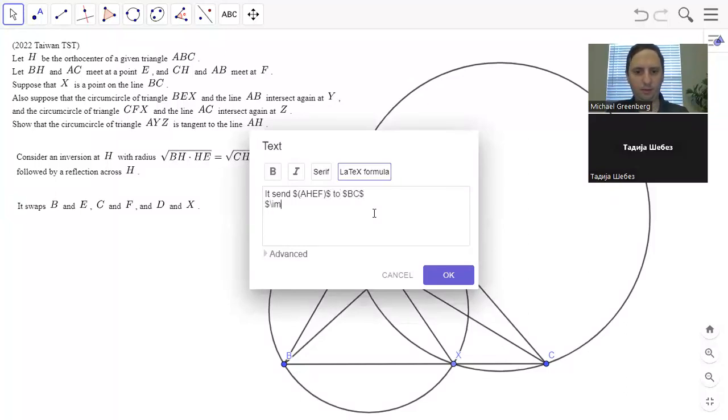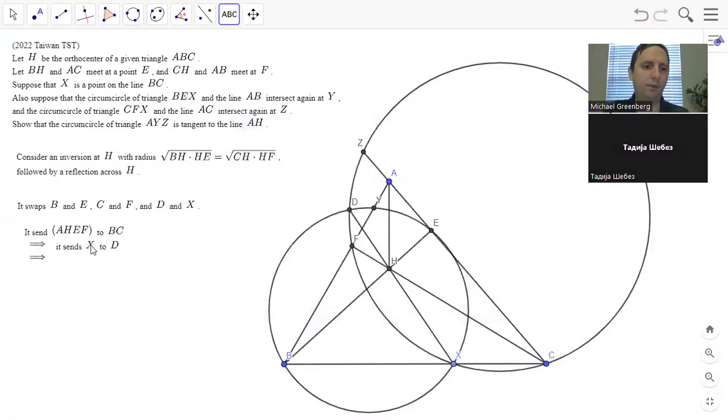And that means it sends X to D. And that means that ADFHE is cyclic.